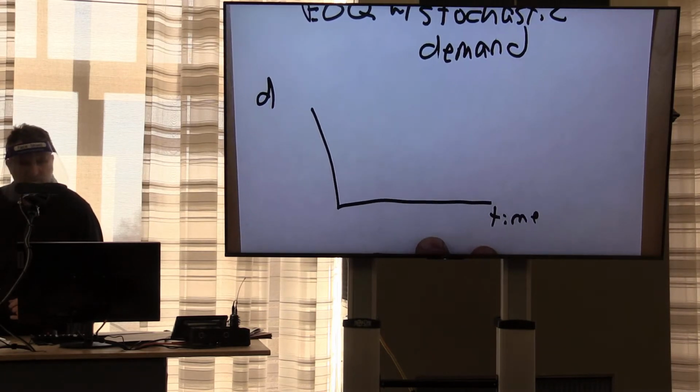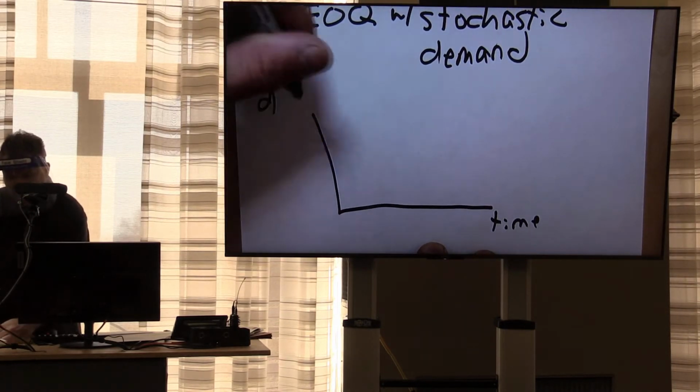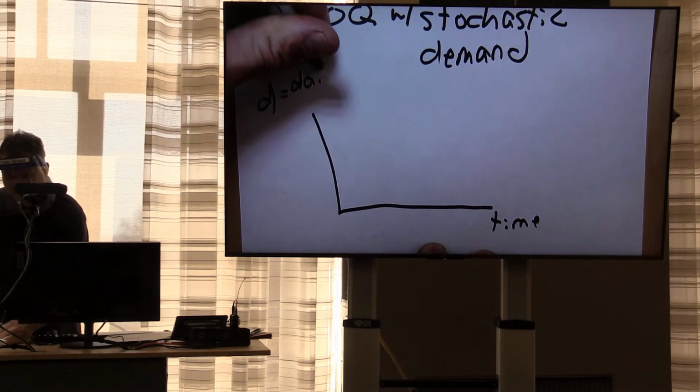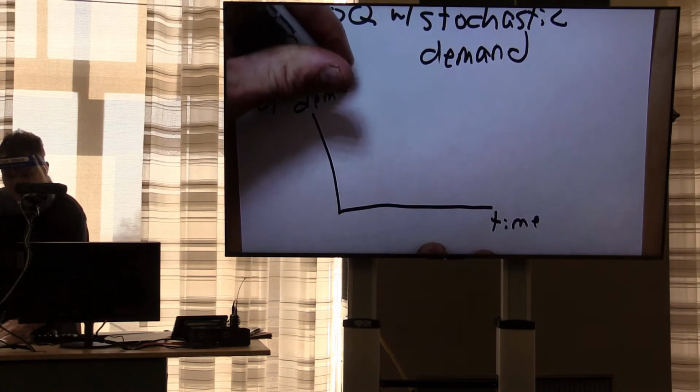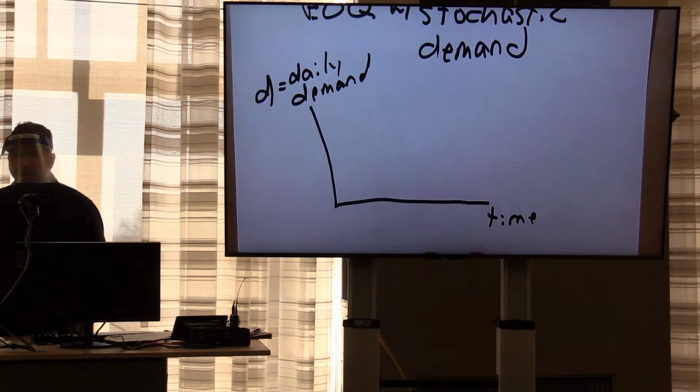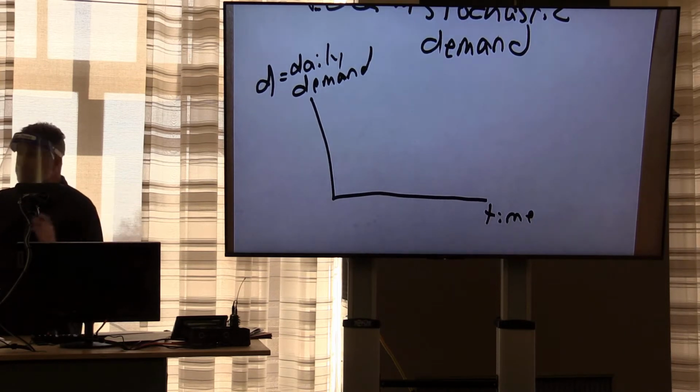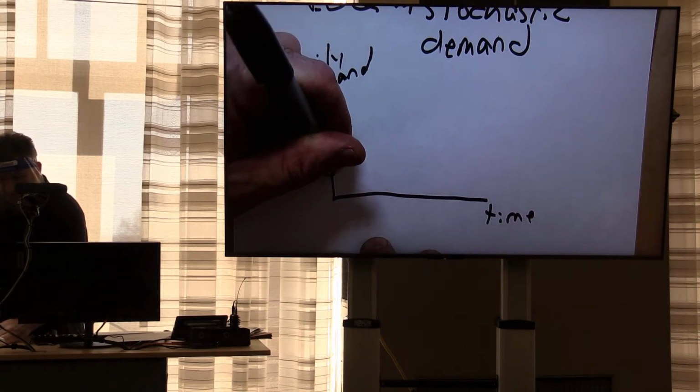Our main demand variable is going to be little d for daily demand. So rather than concentrating on big D, the amount we need all year round, we're concentrating on little d, what we need on any one day.